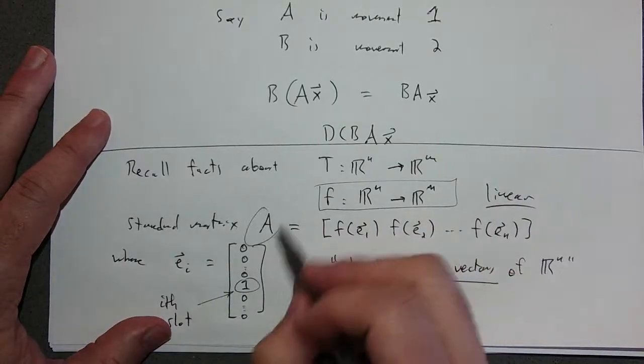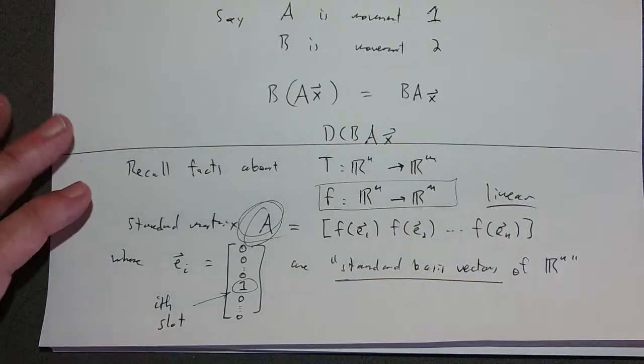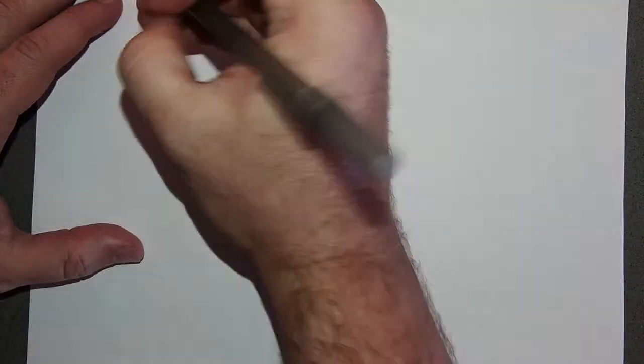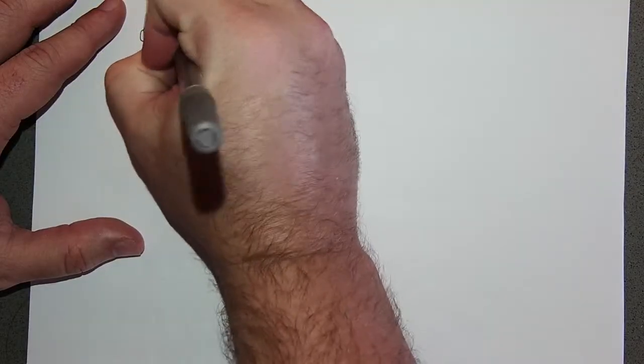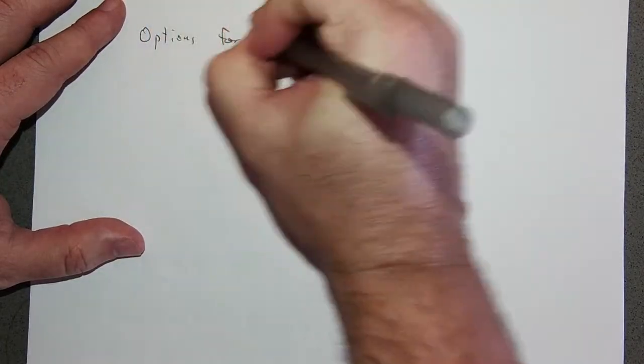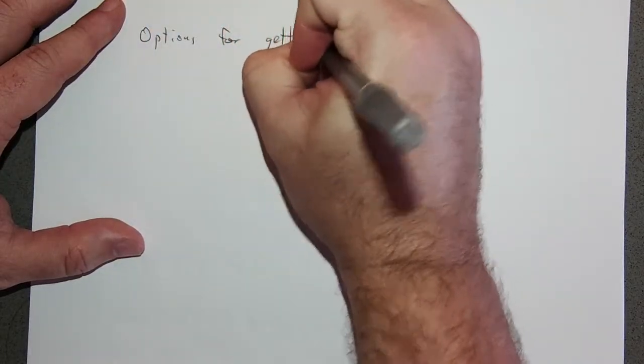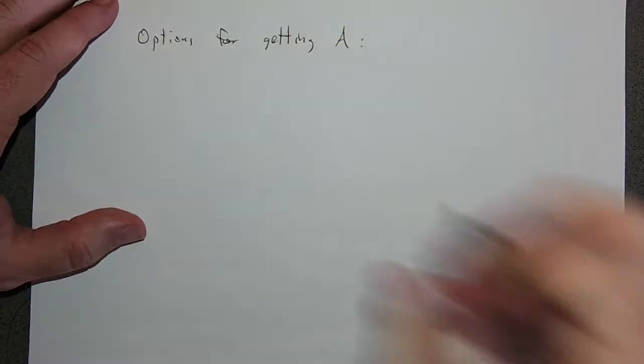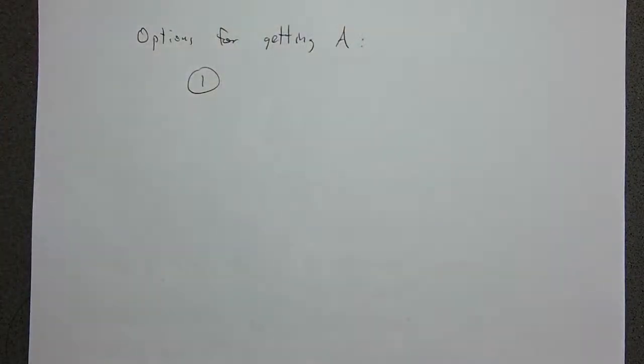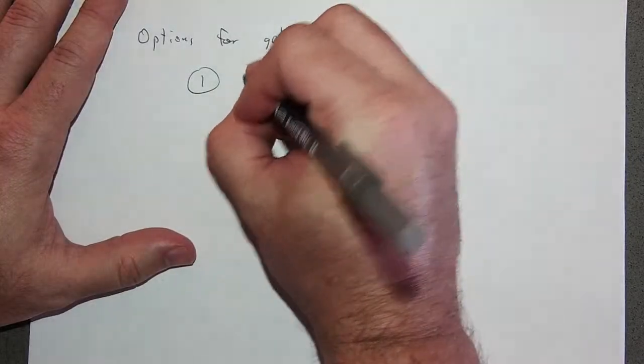get our matrix here? There are some options. Options for getting A. The first option: if we know what the function is, we know it's linear, we can just construct it.